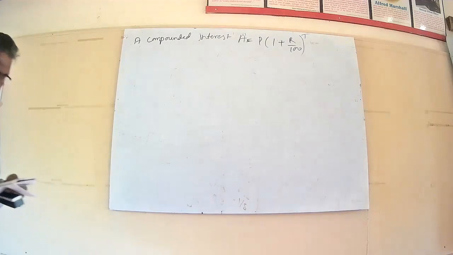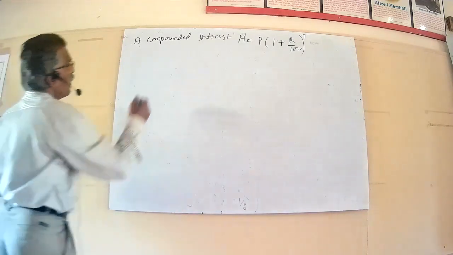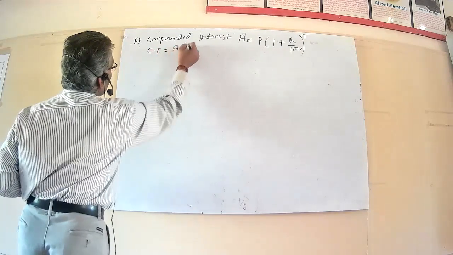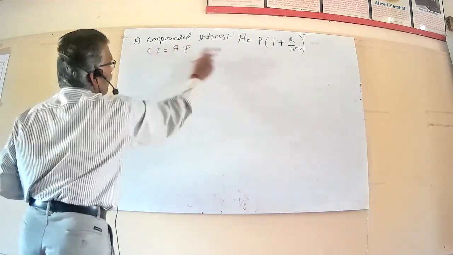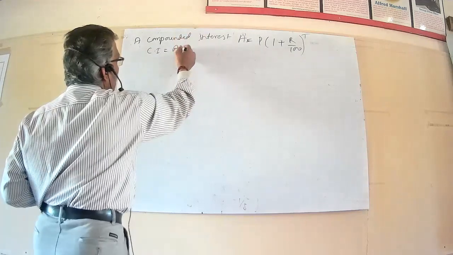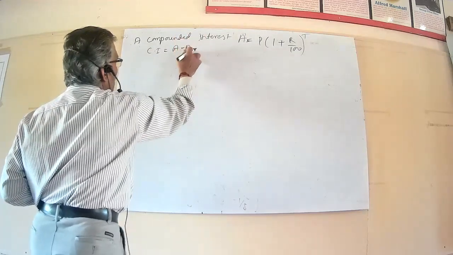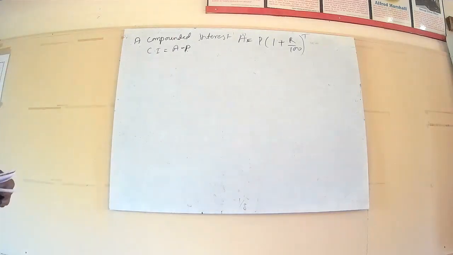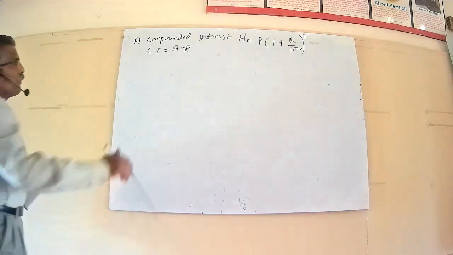I will take up T. And compound interest equal to A minus P. This is the formula. First you have to find out A, then find out A minus P to get the compound interest. Now take up that example.